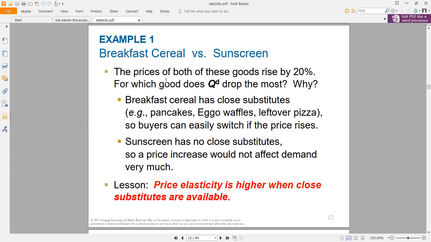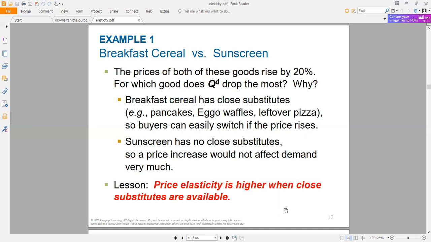So what is the lesson here? What we can say is that because the percentage change in quantity demanded for cereal will be higher, the breakfast cereal has the highest price elasticity of demand. So the lesson is that price elasticity is higher when the good has substitutes.